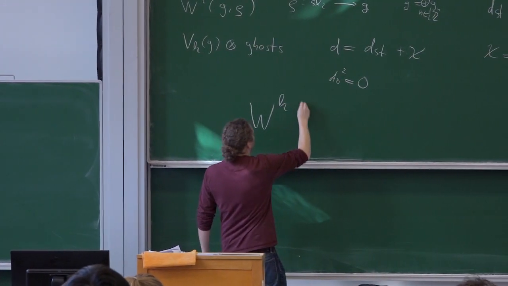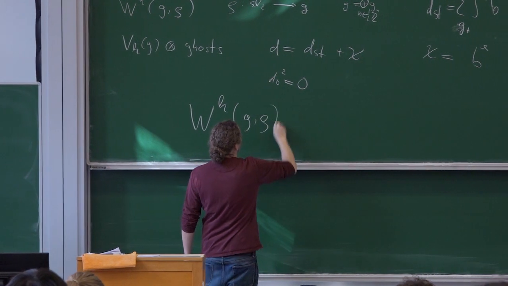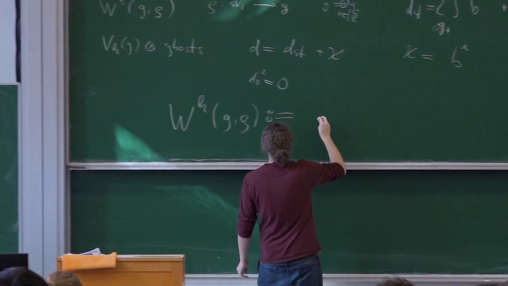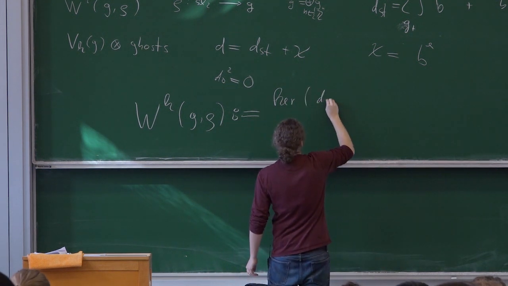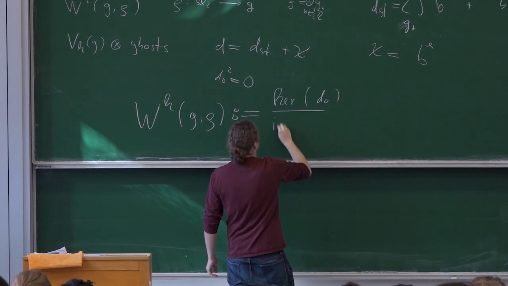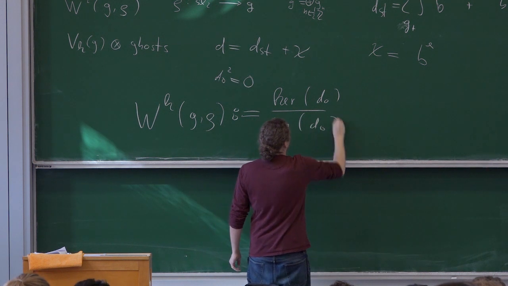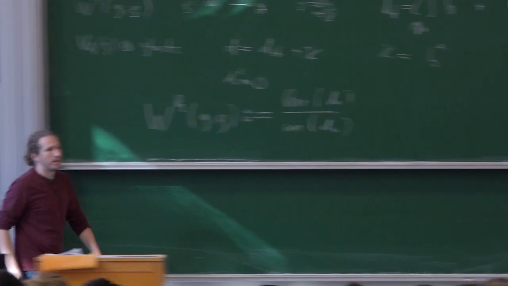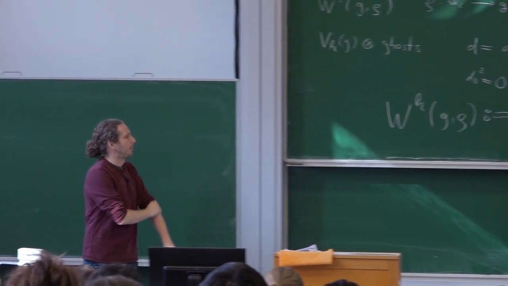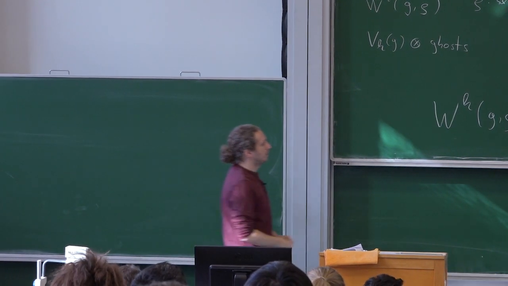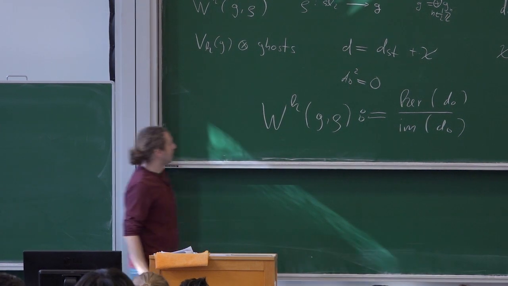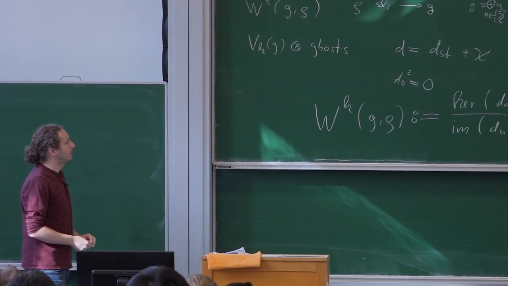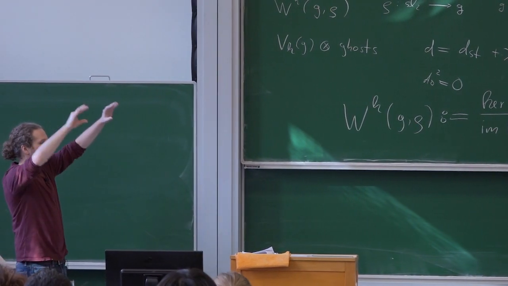The W-algebra is then defined, that's the definition, as the cohomology of D naught. So this means it's the kernel, and we identify fields that only differ by fields in the image. So this is the formal definition, and it sits kind of on the top.